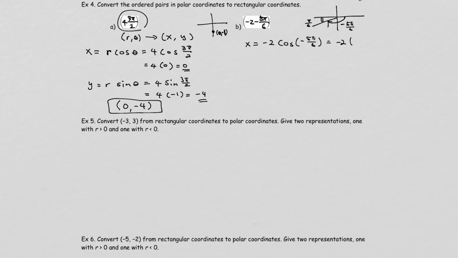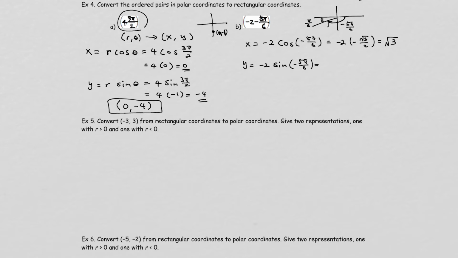Cosine of pi over 6 is going to give you square root of 3 over 2, and in the third quadrant it will be negative, so times negative 2 gives you square root of 3. And do the same thing for y. It will be negative 2 times sine of negative 5 pi over 6.